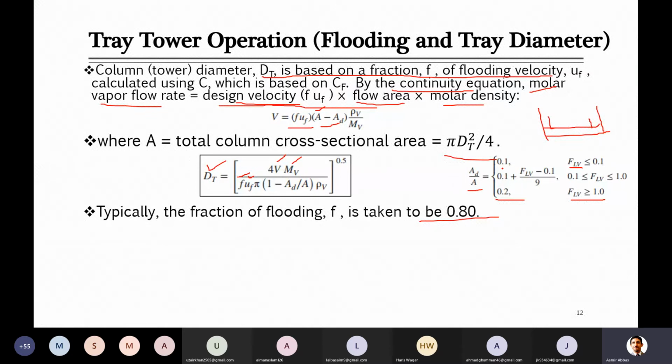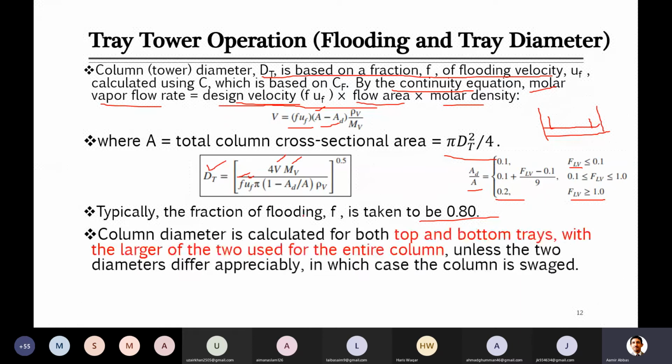But for large liquid to vapor flow rates, because this is the factor which links liquid and vapor flow rates, if the liquid flow rate is too high, we have to keep this ratio up to 20%, so that there is sufficient area available for the liquid to move downward. And if we are in between, then you can go with this factor.